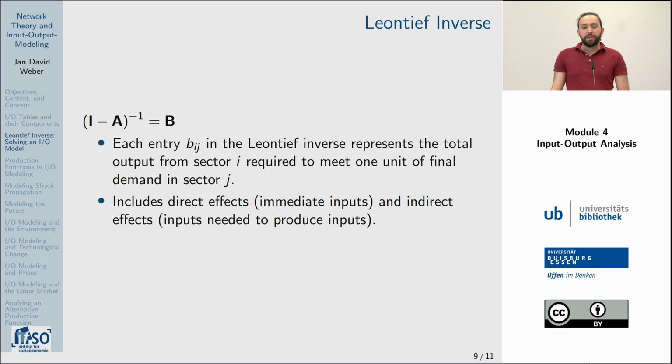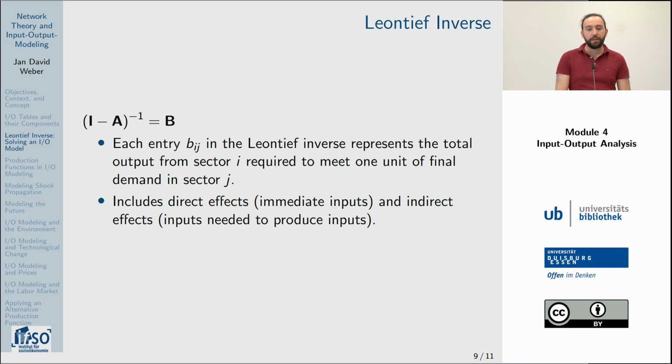We label the Leontief inverse quite often as B, just so we don't have to write the inverse of the identity matrix minus the technical coefficient matrix. Now, with B, we have also the elements Bij in the Leontief inverse, which represent the total output from sector i, which is required to meet 1 unit of final demand of sector j. So this is again where the relative aspect plays in.